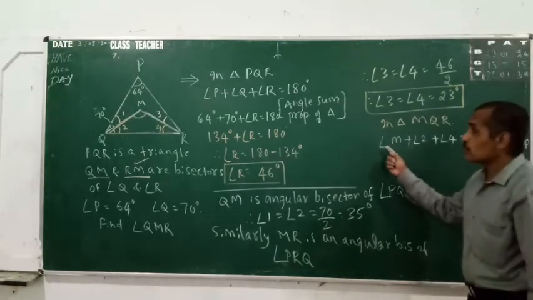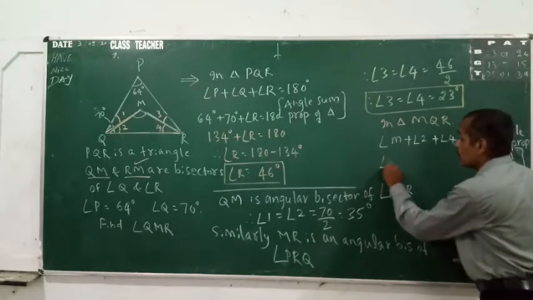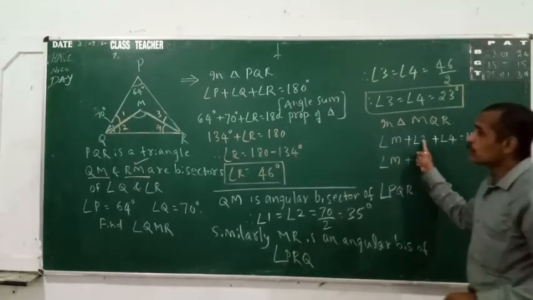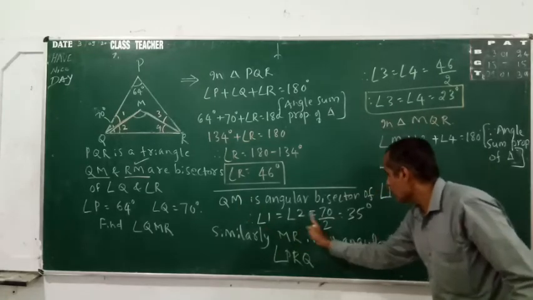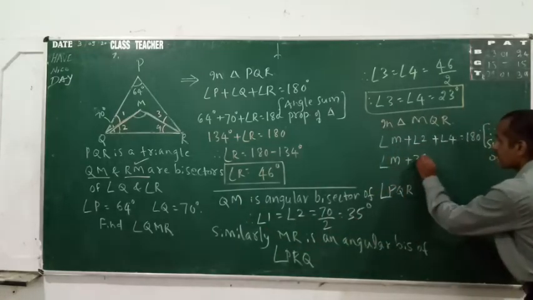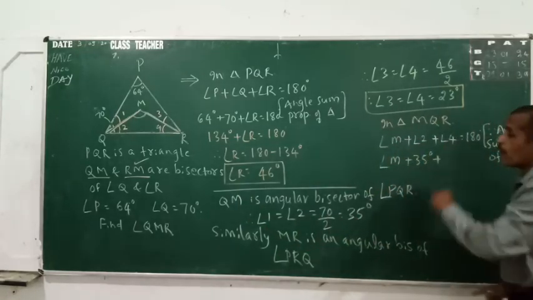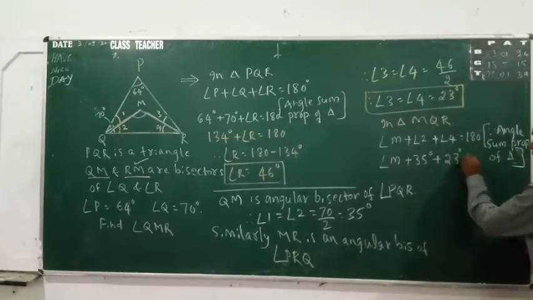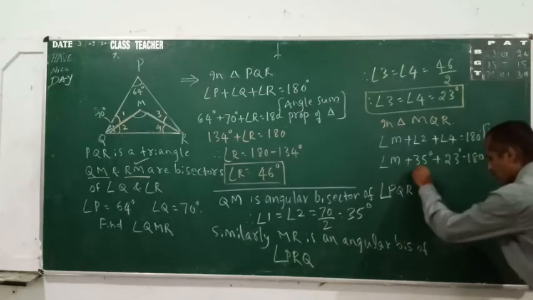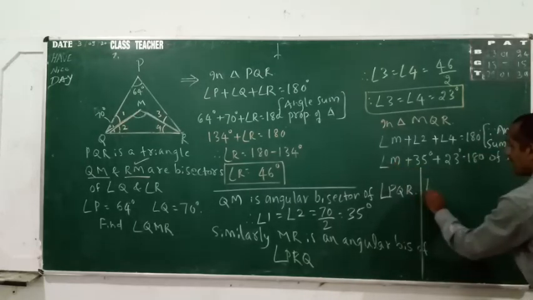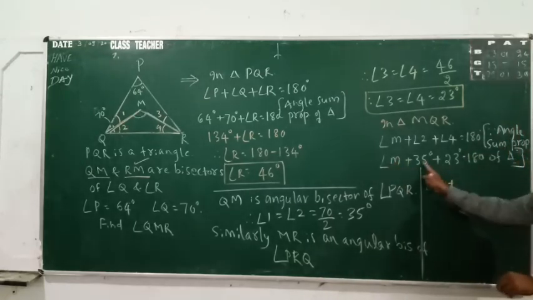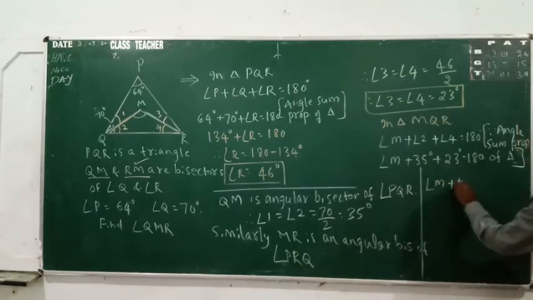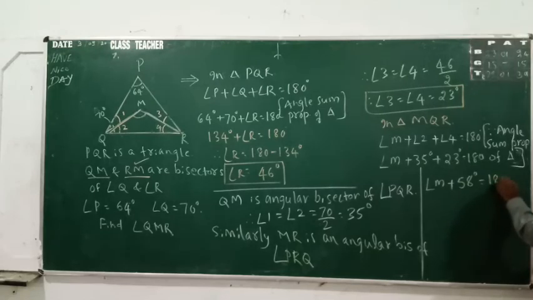What are the different angles known to you? Angle M is not known. Plus angle 2 is known, 35 degrees. Plus angle 4 is known, 23 degrees, is equal to 180. Okay, angle M plus, if you add it, it is giving you 58 degrees, is equal to 180 degrees.